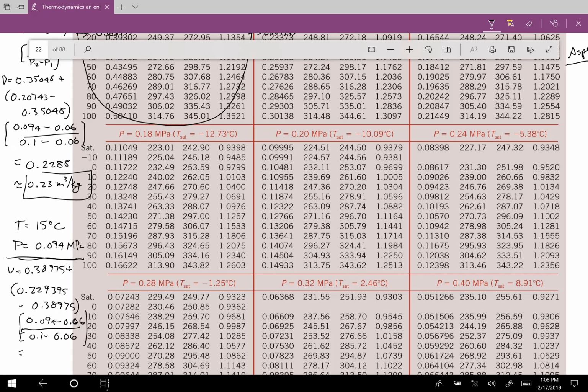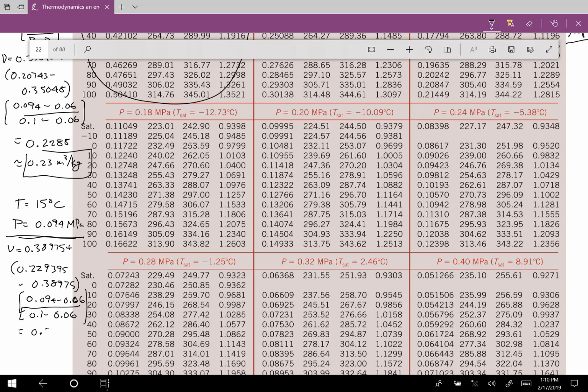So this is equal to 0.253 meters cubed per kilogram.